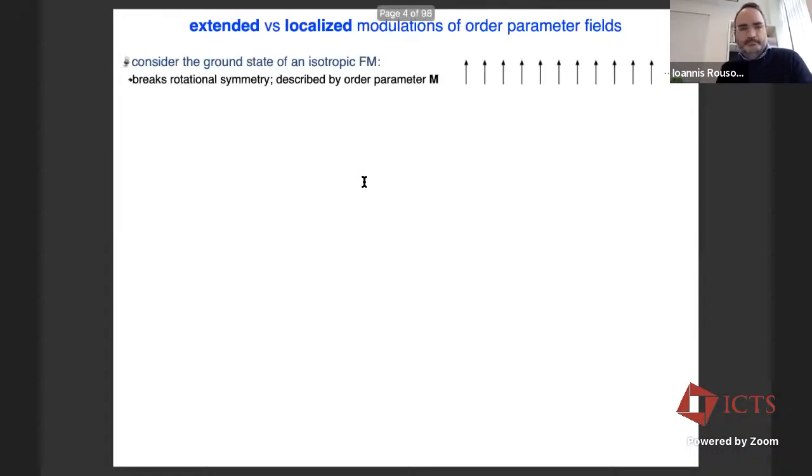Okay, so let's start with order parameter fields. So we start with the standard example of a Heisenberg ferromagnet, and draw the ground state, or one of the ground states. We know that this breaks rotational symmetry, and it's described by a local order parameter M, which is uniform in the ground state. Then there are the excitations, which are described by modulations of M in space.